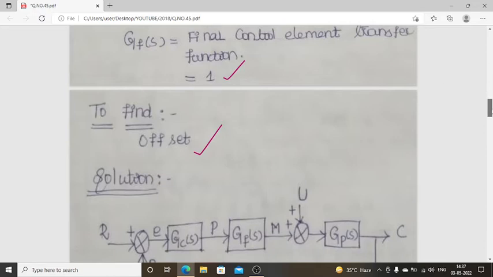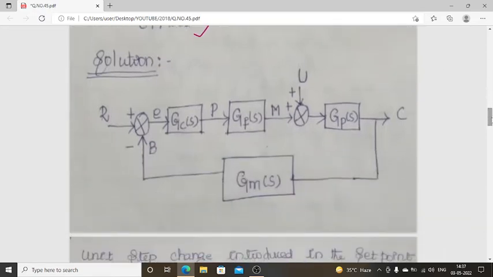So the solution: closed loop response, or feedback control system. R is the set point, B is the measuring element, E is the error. GC of S is the controller transfer function, P is the controller output or pneumatic signal.